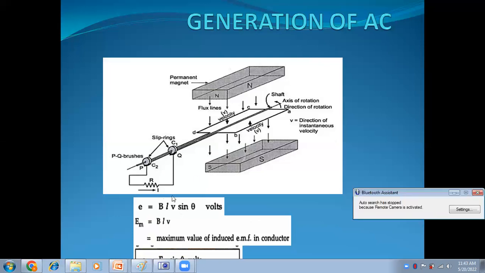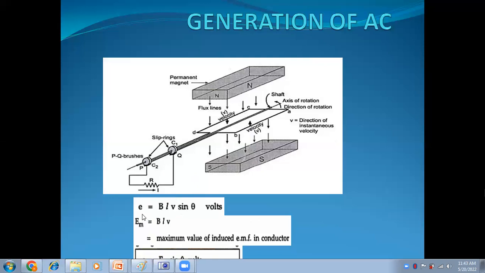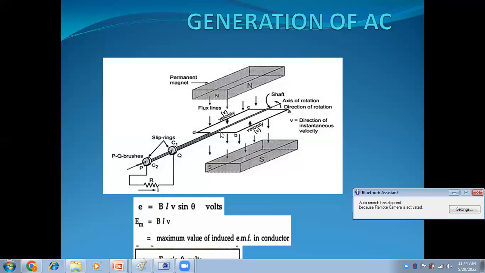The EMF generated is given by the formula E equals B L V sine theta, where B is the magnetic field, L is the effective length of the coil, and V is the velocity of rotation. When theta is equal to 0 degrees, no EMF is induced in the coil, so E is equal to 0.